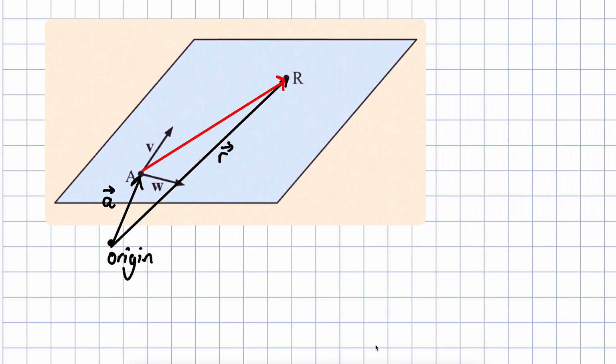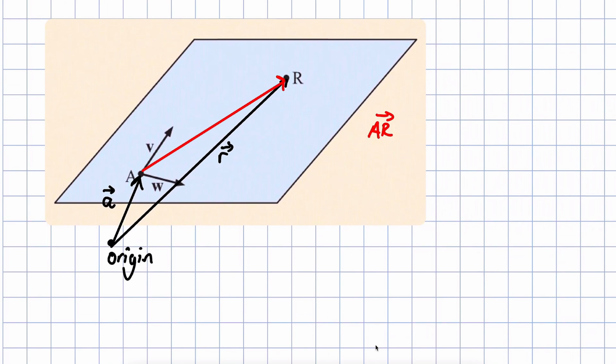But the thing that I want you to think about is, could you draw a vector diagram, or could you work out the vector that's red there, so vector A R, could that be made up of components or parts of vectors V and W?